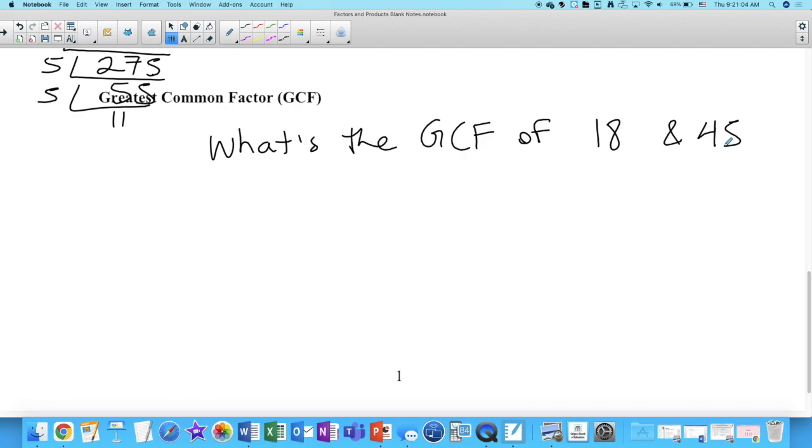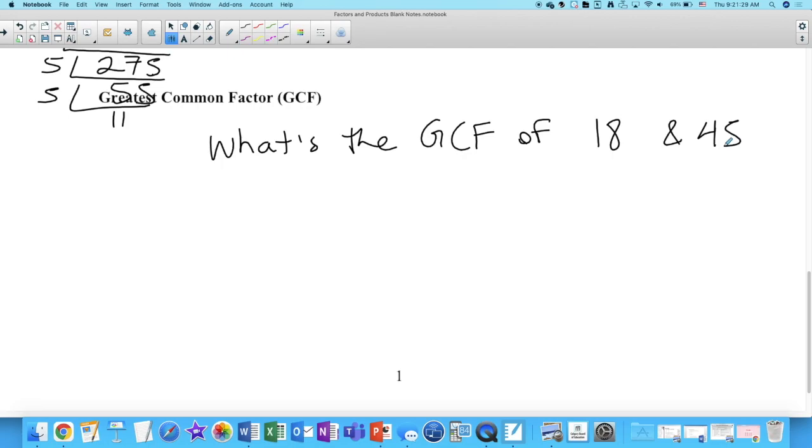Okay, it would be 9. Yes, that's correct. How would you describe it, though, in general? The number that has the highest value that divides evenly. Yeah, exactly. So it's the largest factor that both numbers share.